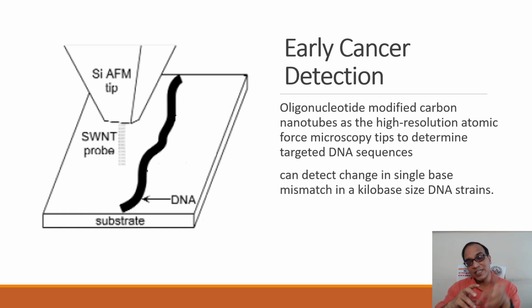Oligonucleotide-modified CNTs, carbon nanotubes, are used as high resolution atomic force microscopic tips to determine the targeted DNA sequence. It can detect a single base mismatch. Please remember, a single base mismatch can be identified in a kilobase-size DNA strand. In this way we can have early detection of cancer.